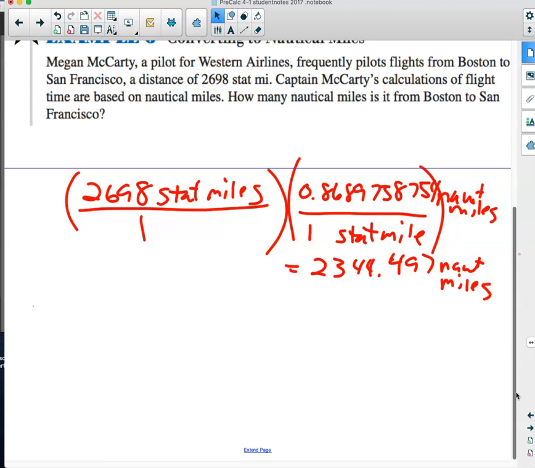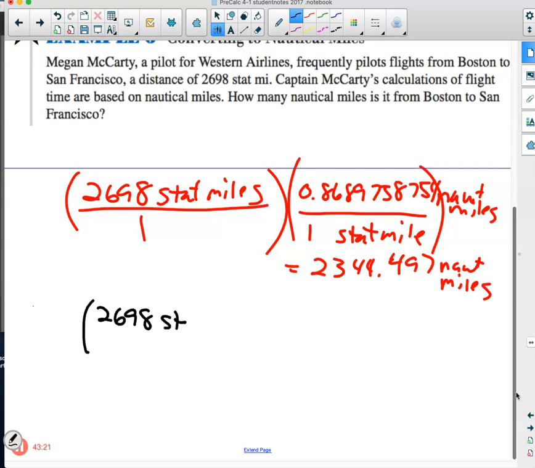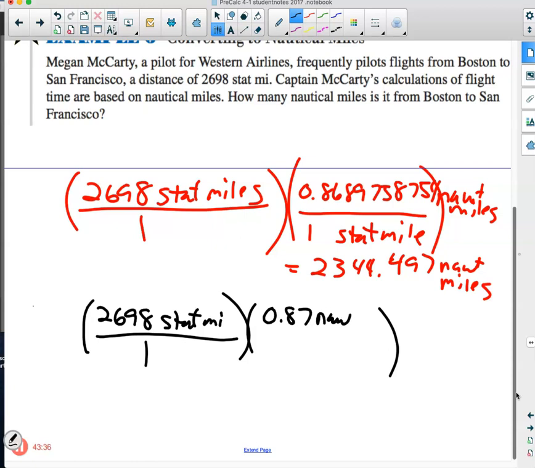Now, what I find interesting is how much would they be off because they just used 2 decimal places. So let's go back and say instead of using 0.8689758754, let's just use their 0.87. And see what we get.